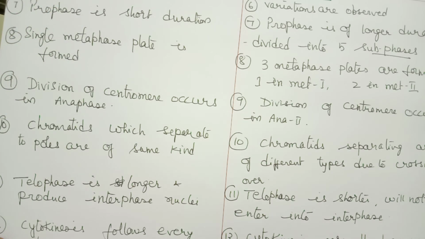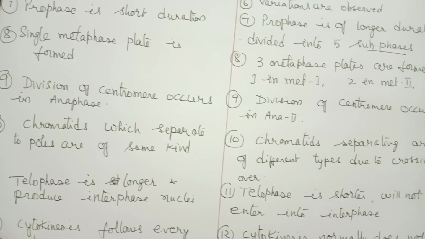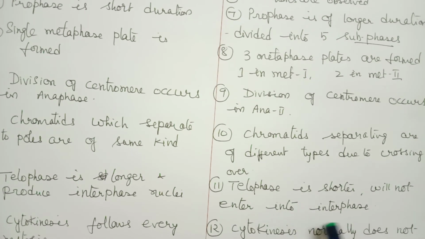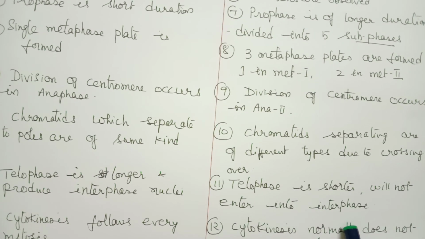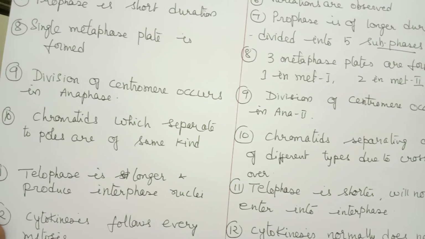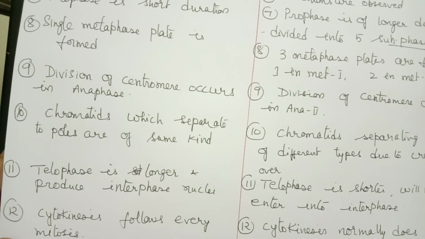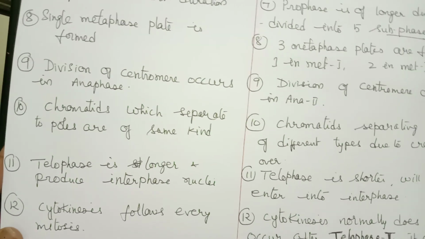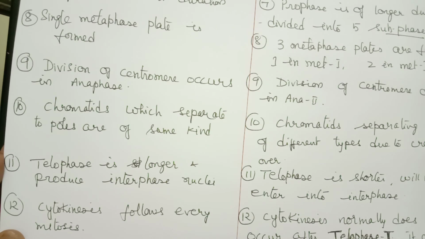In meiosis, telophase is shorter and will not enter into interphase, because meiosis takes place only once in a germ cell. It cannot take place repeatedly. Whereas mitosis takes place repeatedly because it is involved in multiplication and growth of cells. So it takes place many times, and immediately the cell enters into the next division.